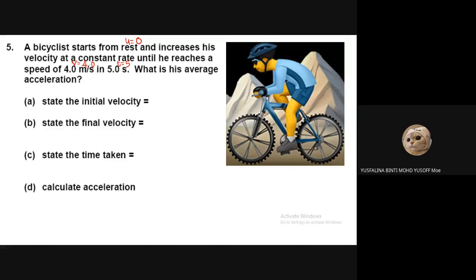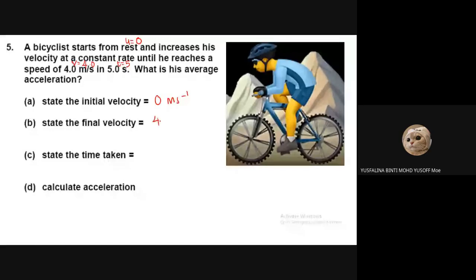Then the question: what is his average acceleration? You have to take out all the information given in the question. State the initial velocity is 0 ms negative 1. State the final velocity V is 4.0 ms negative 1.